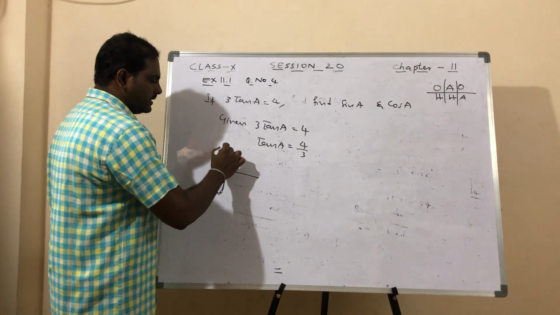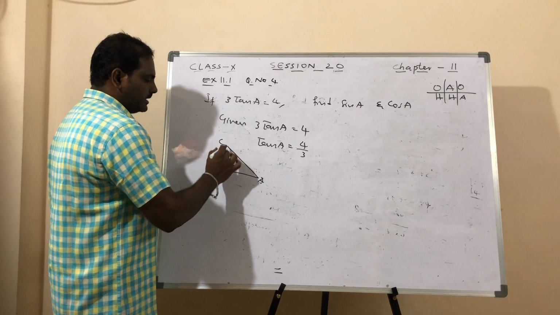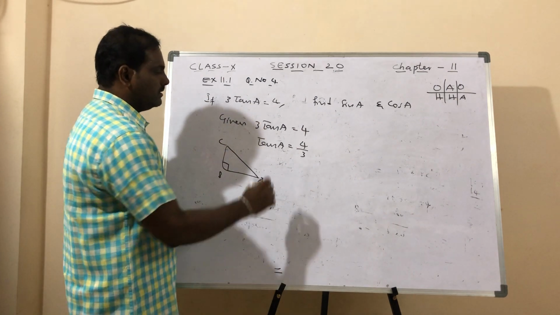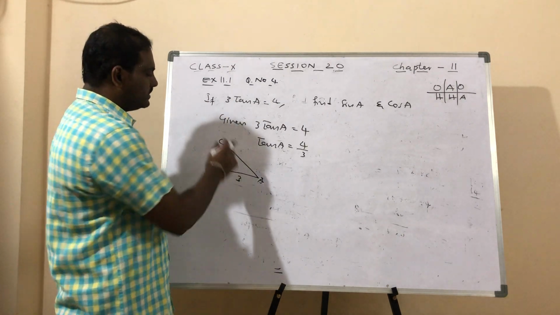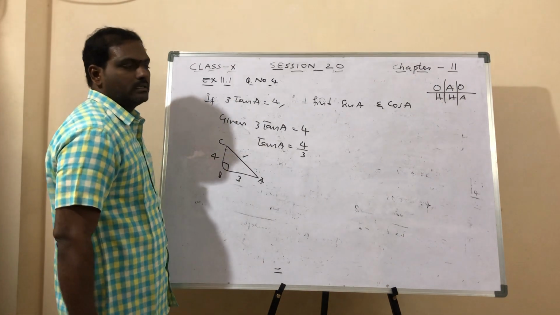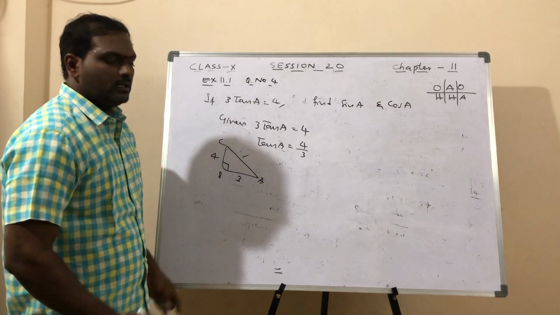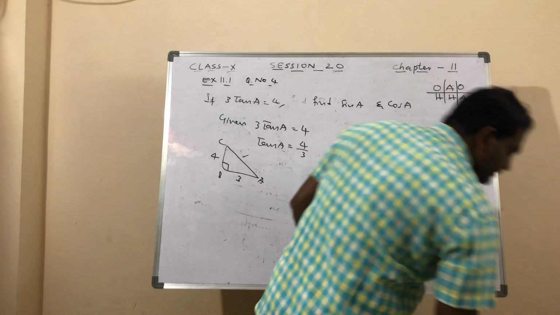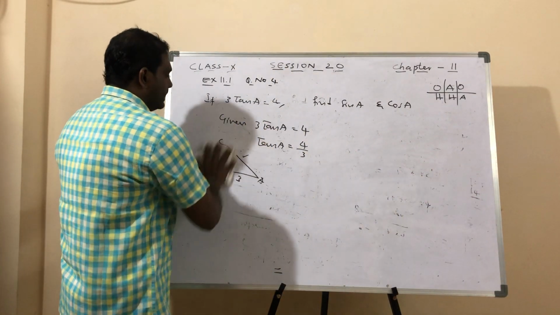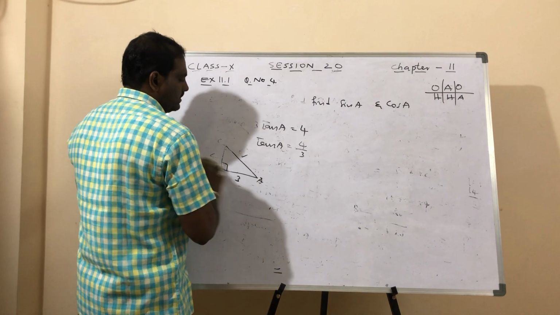So we have to assume one right angle triangle XYZ or ABC, and we have to mention where is the right angle. Now opposite is 4 and adjacent is 3. So by using the Pythagoras theorem, we have to find the third side. Once you find this, we have to find sin A and cos A. This is the method to do. So do it as home assignment.